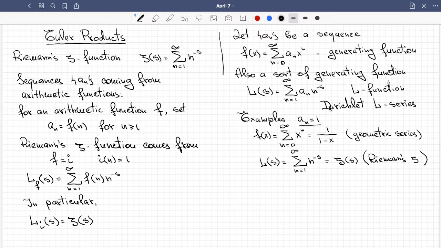So let us see what happens with an arithmetic function f, or with the Dirichlet L series, our L function, when it comes from a multiplicative arithmetic function.